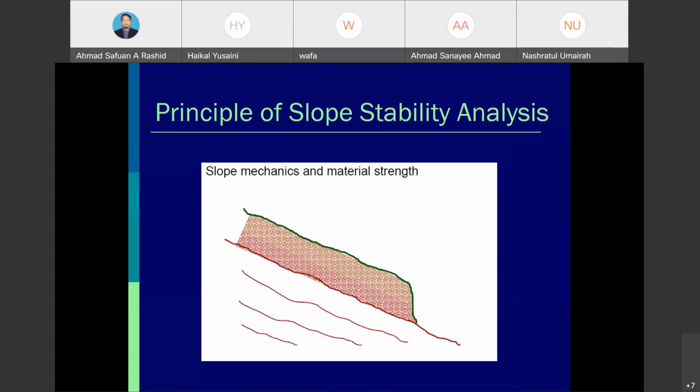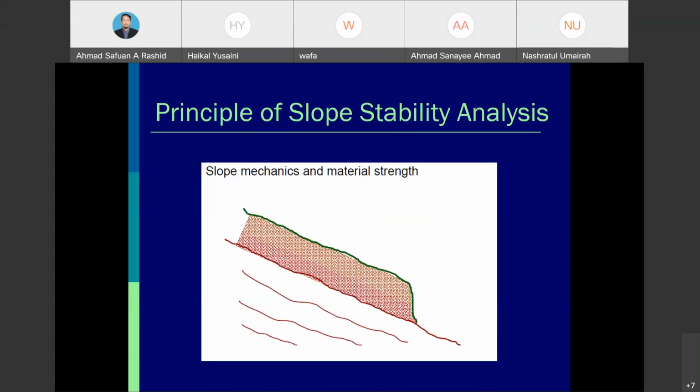Slope mechanics and material strength. Now we try to include the material of the soil in determining the stability of the slope. Previously, we discussed the driving force.